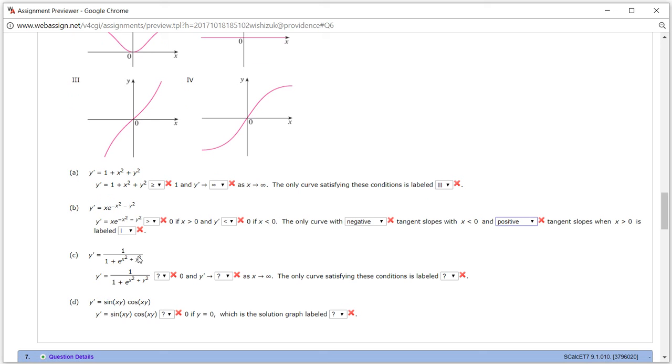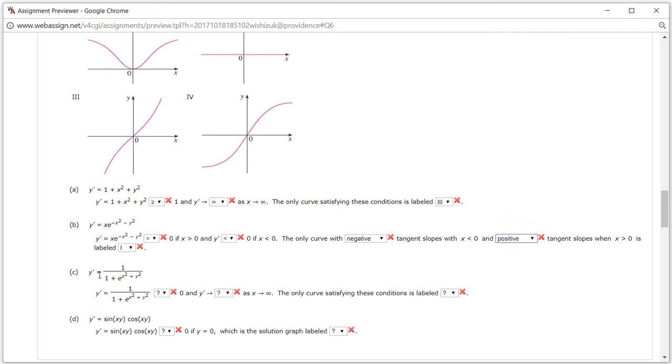Then when you look at this one, it's 1 over 1 plus x squared plus y squared. So nothing is negative, so it's always increasing. And as x and y get larger and larger, the denominator gets larger, which means that the slope is going to approach 0.